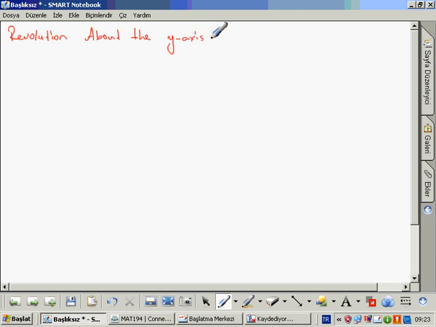It's similar, okay, with the x-axis problem.